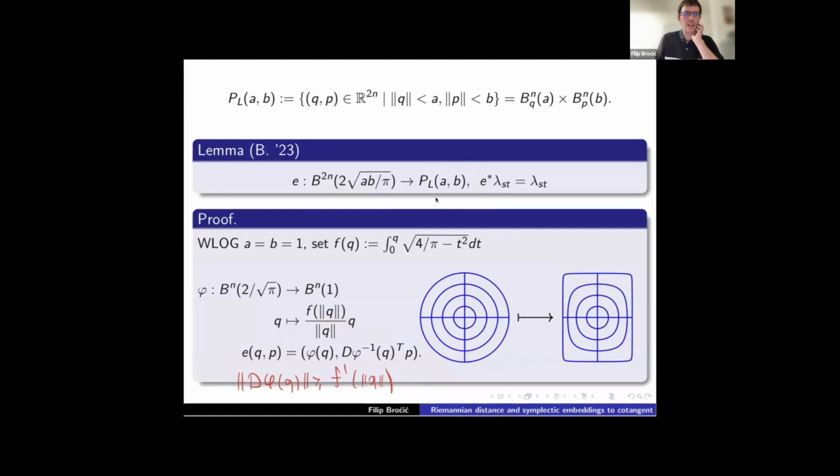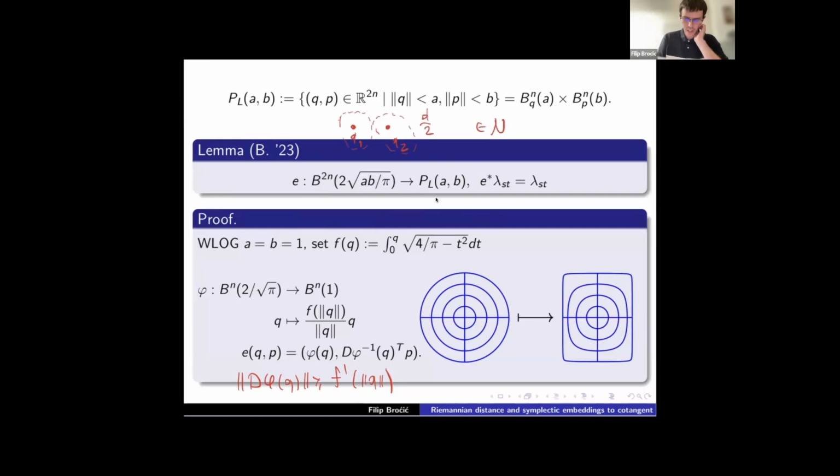Let me first explain maybe how this implies the lower inequality. If we have two points which are very close by on our manifold N, Q1 and Q2 inside N, then I can embed a disk in a normal neighborhood, which is of radius distance over 2.